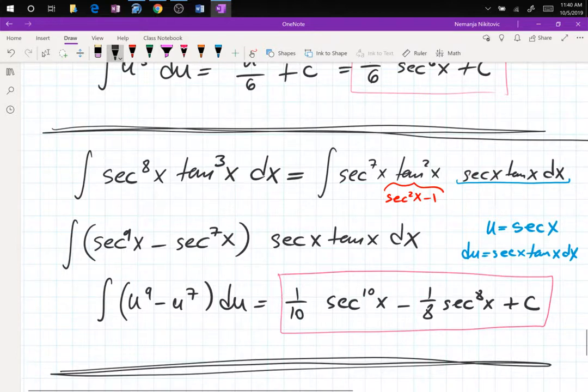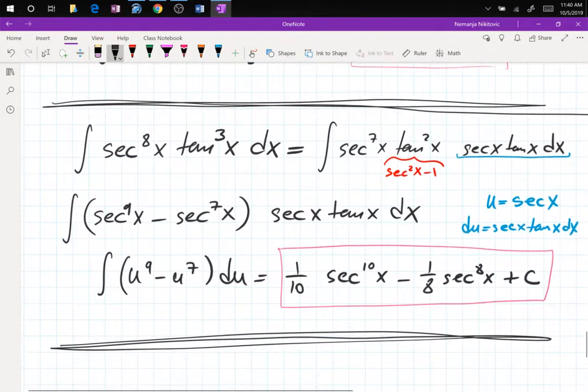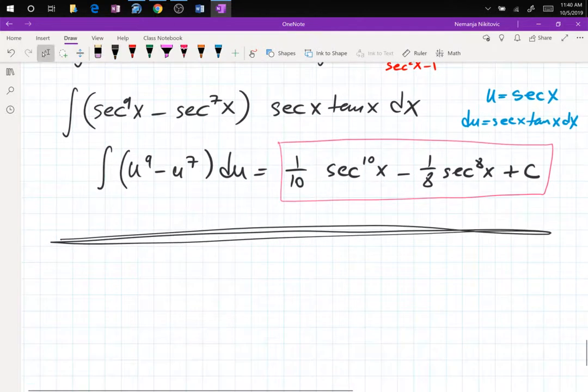Because you are going to put in a bank either a secant squared, or a secant tangent, and different problems will have different situations, what you can do. And then there's a group of those problems where none of that stuff works.